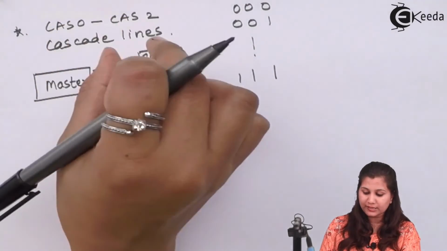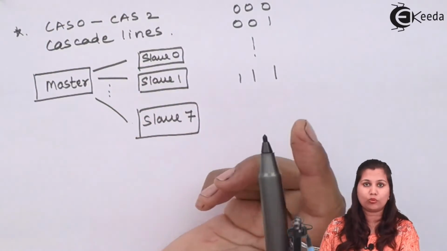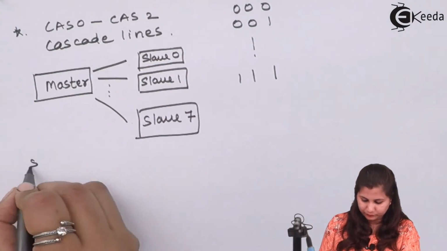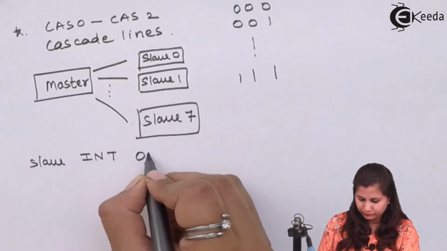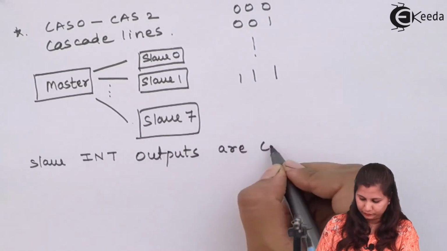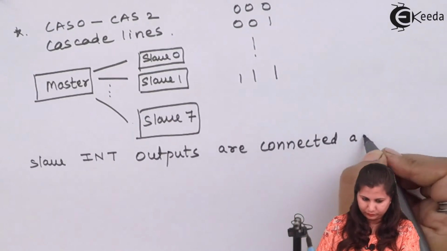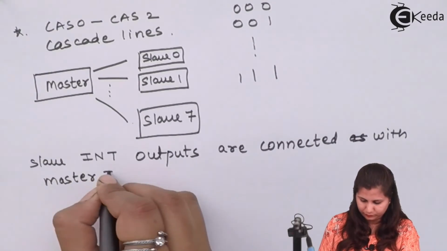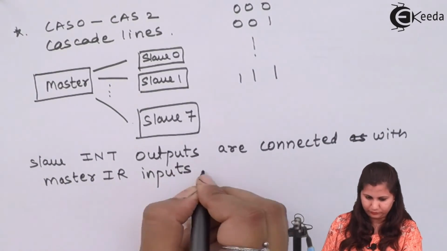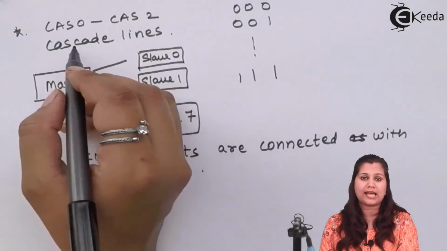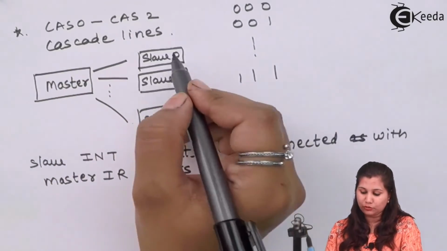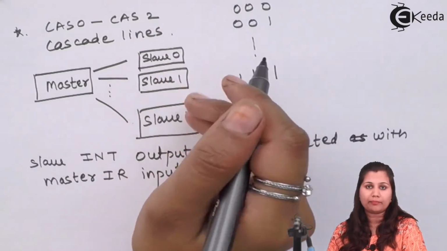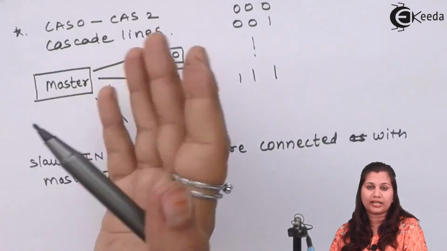Now what will these lines be for the slave ICs? These cascade lines for slave 0 to slave 7 are used to select the interrupt request, that is IR0 to IR7.